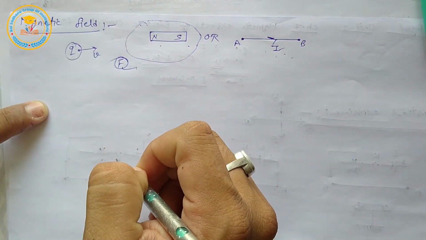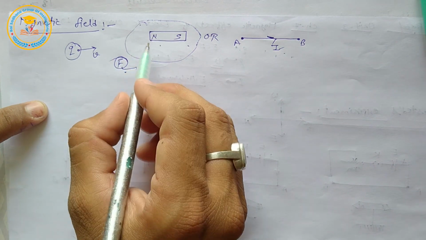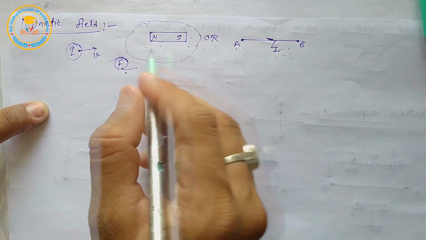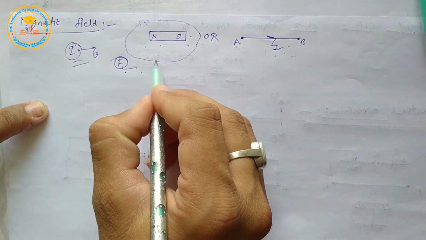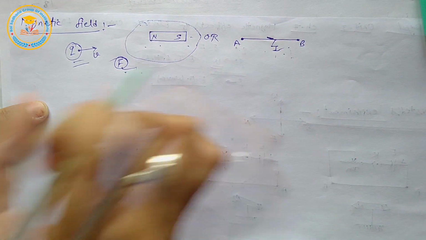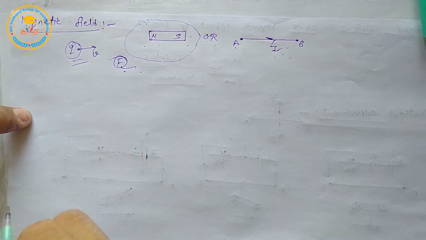This force is called magnetic force. Then we can say a space around a magnet or current carrying conductor in which the moving charge experiences a force, this space is called magnetic field.